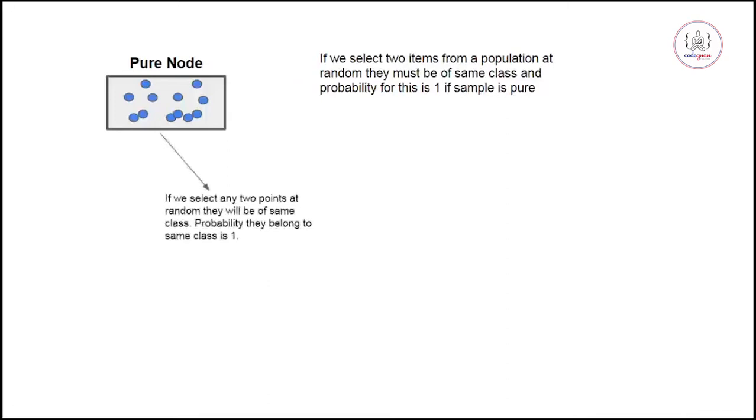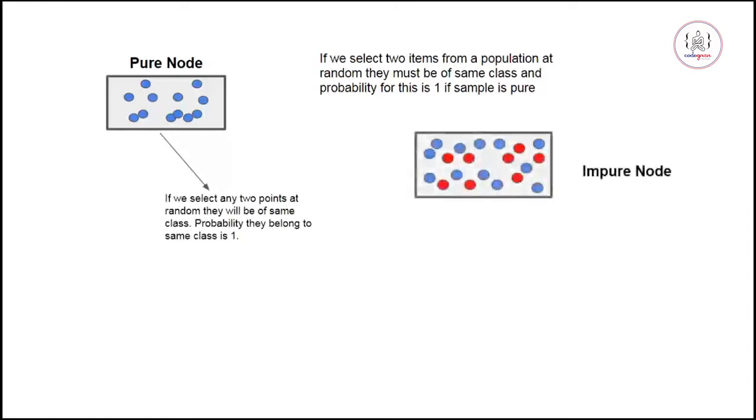But in the real world we don't have pure nodes. Here we have an impure node where we have red circles as well as blue circles. Now if I tell you to select 2 points at random and find the probability of them belonging to a particular class, there are going to be different probabilities for blue and red.